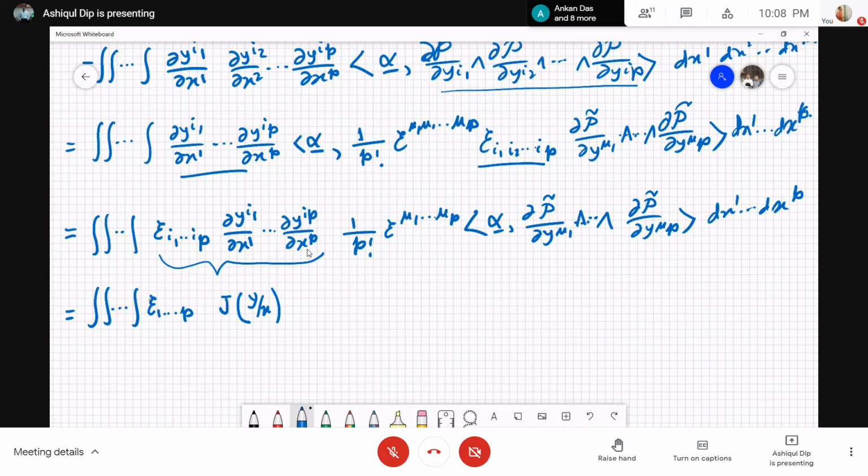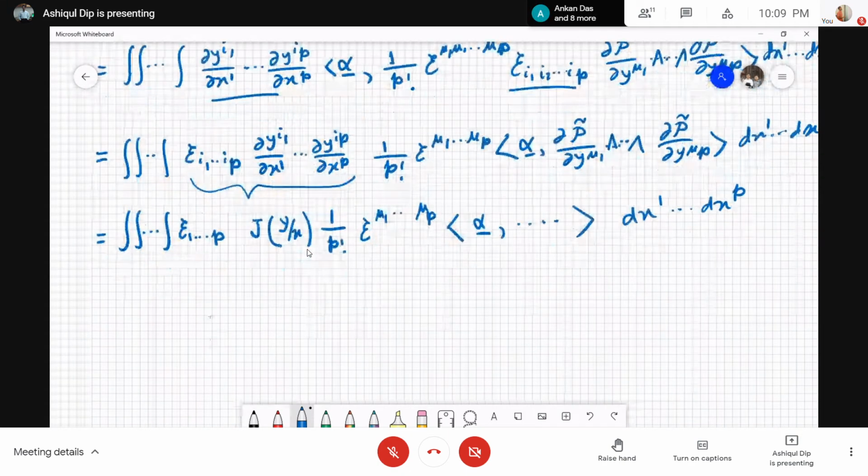Then you have 1 over p factorial, then you have your E mu1 up to mu p. Then you have this thing, alpha, and so on. You know what I mean, right? It's just the upper one. Okay.